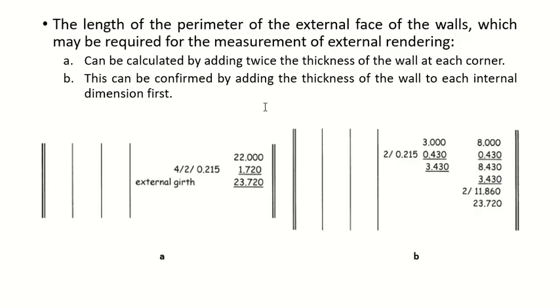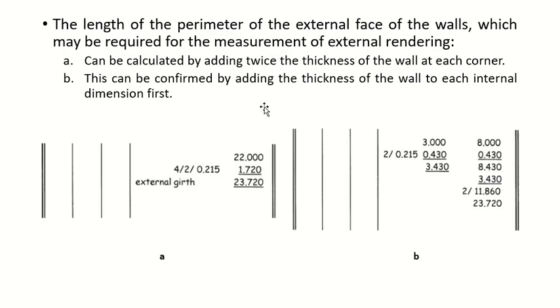From the inside to the outside, I have this wall thickness and this wall thickness. So that's why 4 for the corners, and in every corner 2 walls are meeting, so I add 2. And what is this? Wall thickness. Clear? So internal girth plus 4 corners into 2 thicknesses of each wall, and so on.